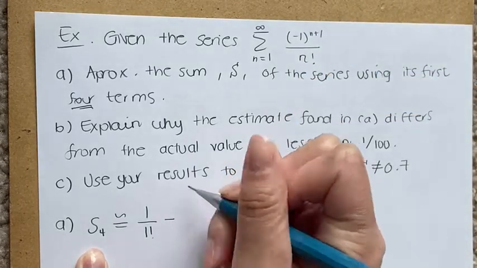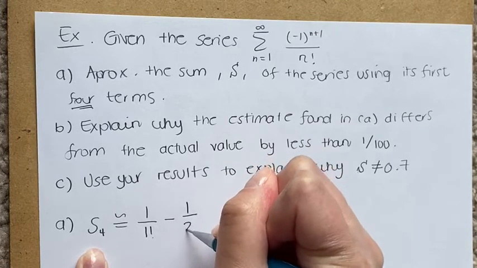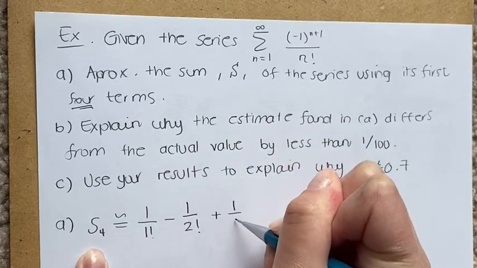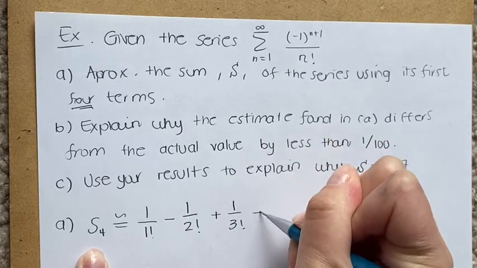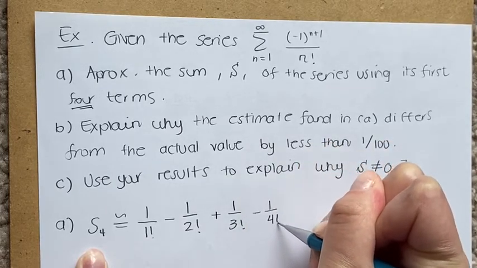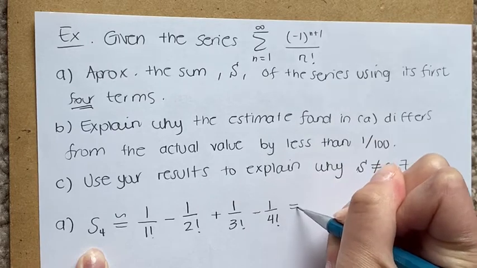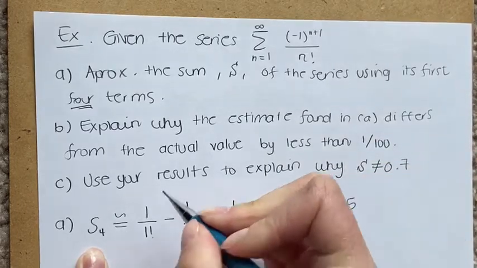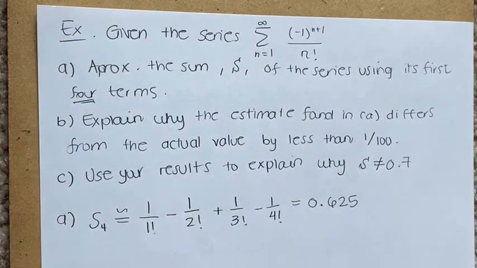The next one is negative, so you have 1 divided by 2 factorial, plus 1 divided by 3 factorial, minus 1 divided by 4 factorial. When you plug this in the calculator, this is 0.625. So this is the approximation that they were asking for.